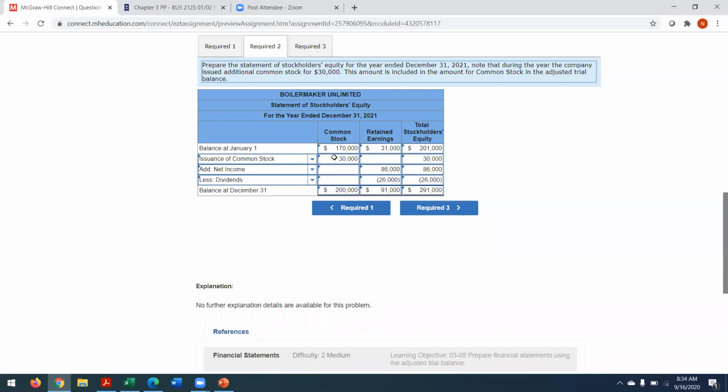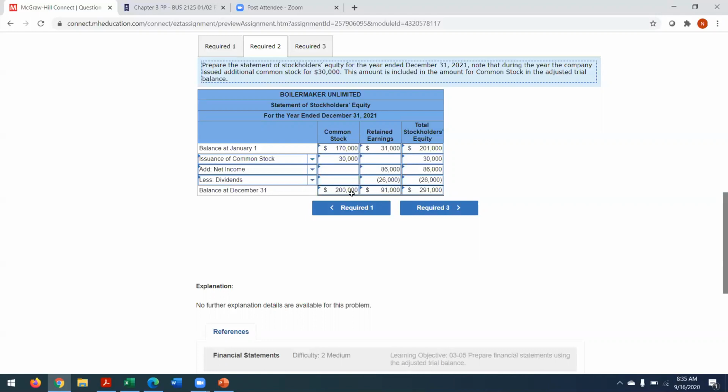Because they told us 30 was issued during the year, we know what our beginning balance would be. Then what's shown on the adjusted trial balance is our beginning balance in our retained earnings. We will add our net income, subtract our dividends to have an ending retained earnings balance of $91,000. And you just carry over the various stockholders' equity totals to have total ending balance of stockholders' equity of $291.